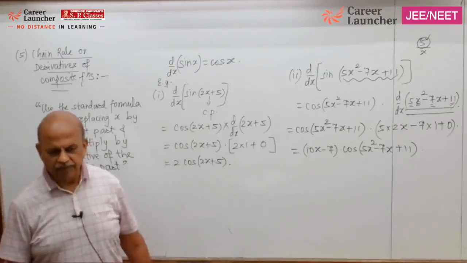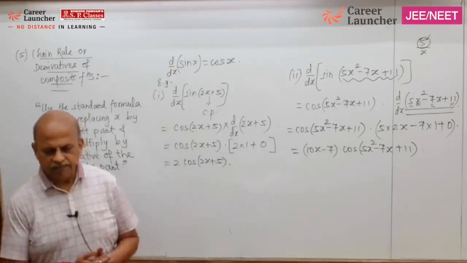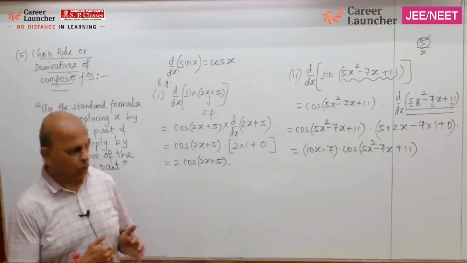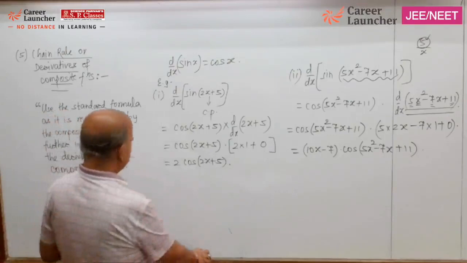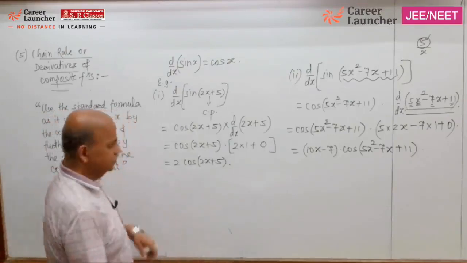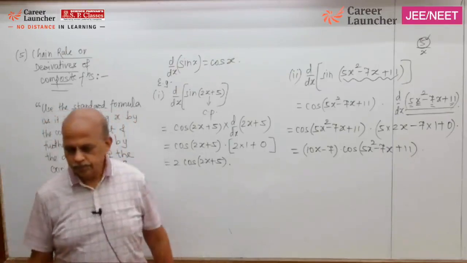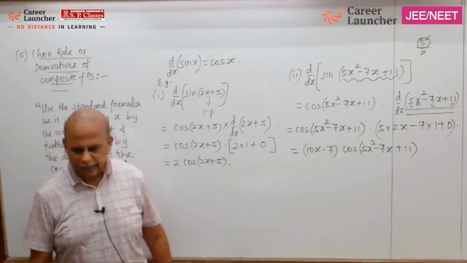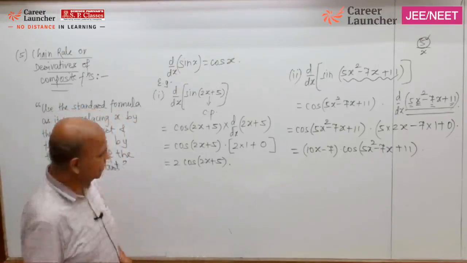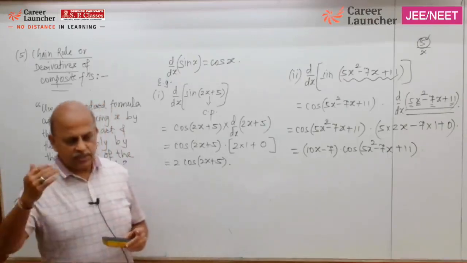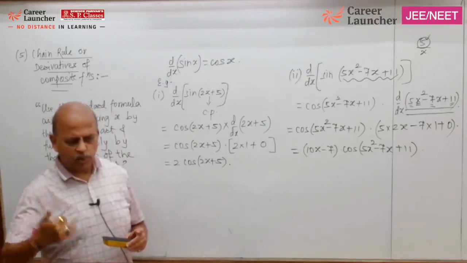Now we will be taking up some very important examples based on the chain rule. You just number the examples 1, 2, 3, 4.